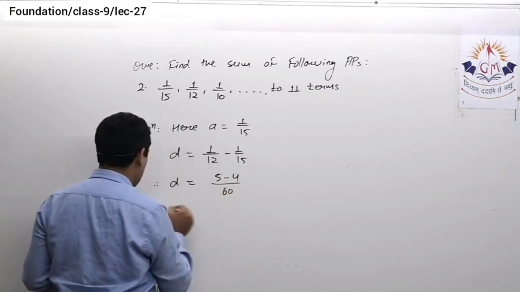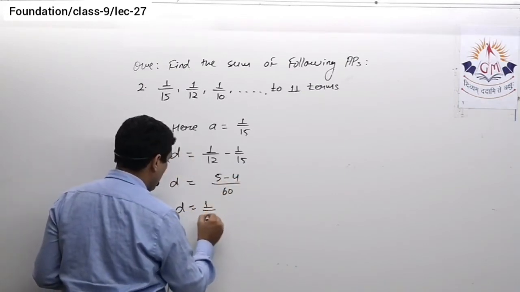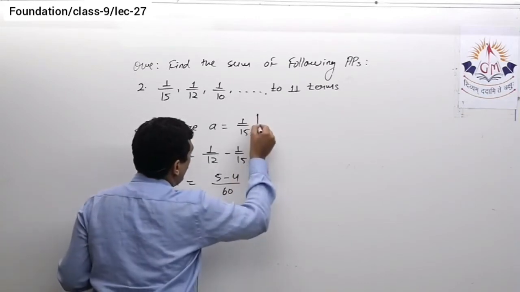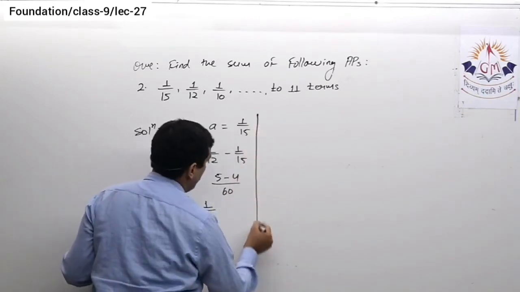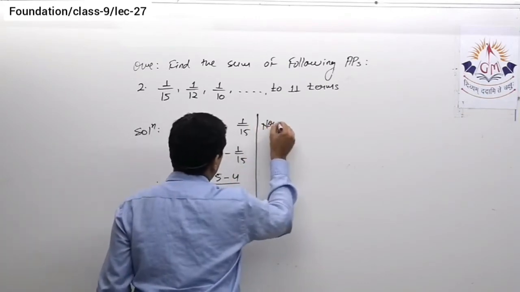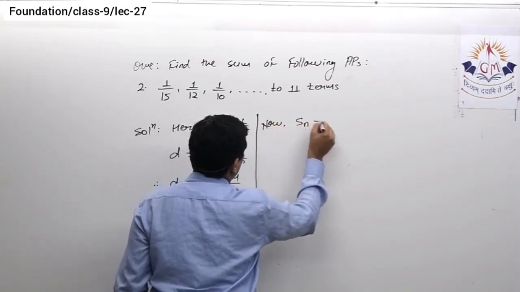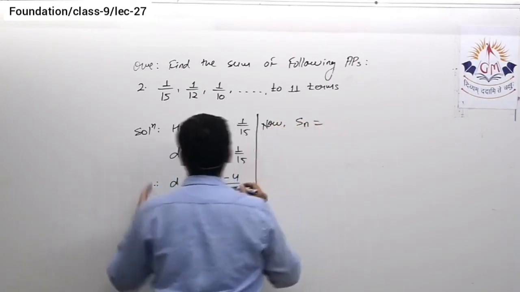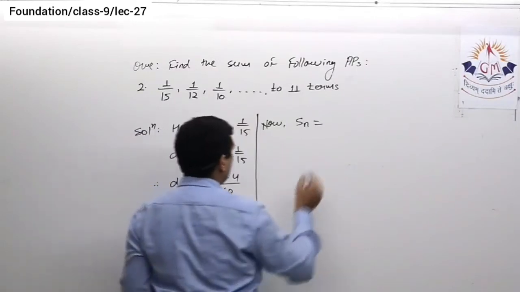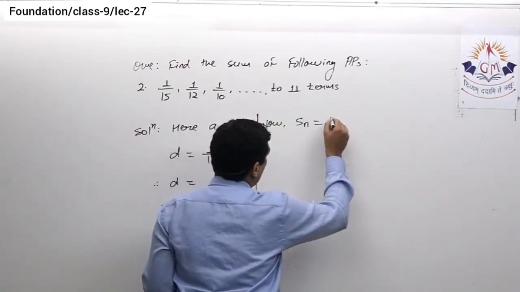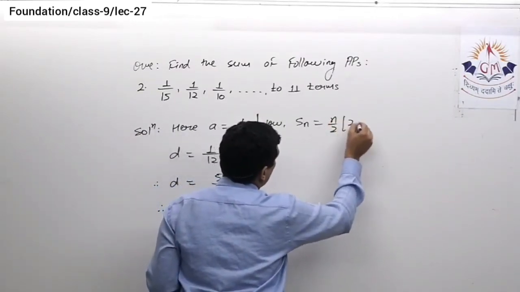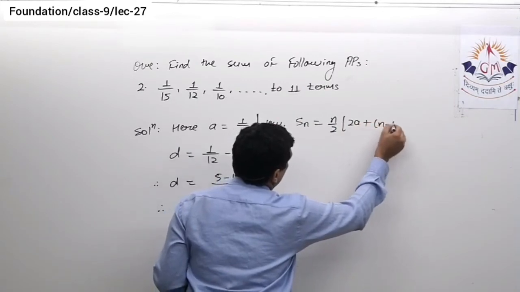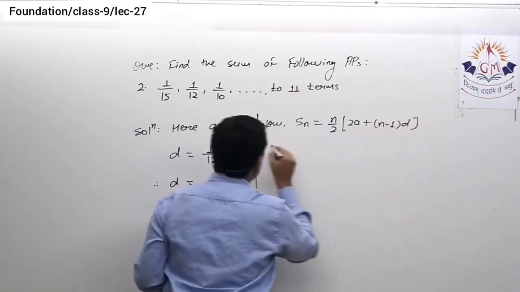So d is 1 upon 60. Now I will apply the formula of Sn. One thing more, here n is 11. Sn equals n by 2, 2a plus (n minus 1) into d.